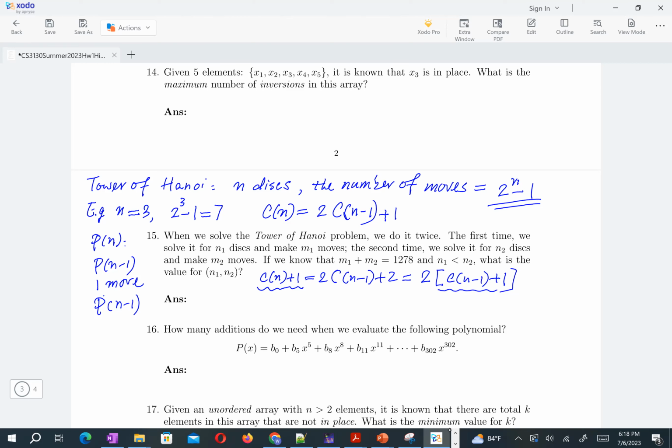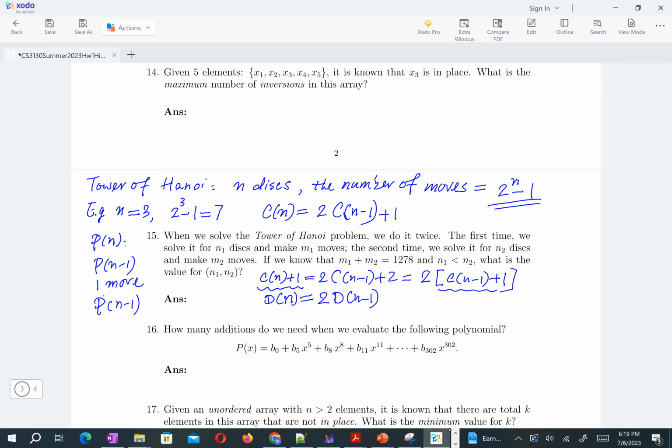Because of this similar structure, can we use a new function d of n to replace C of n plus 1?